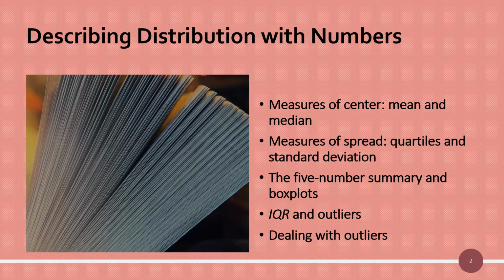We have the measure of center and the measure of spread. Under the measure of center, we have the mean, median, and mode. Under the measure of spread, we have the quartiles, standard deviation, and variance.